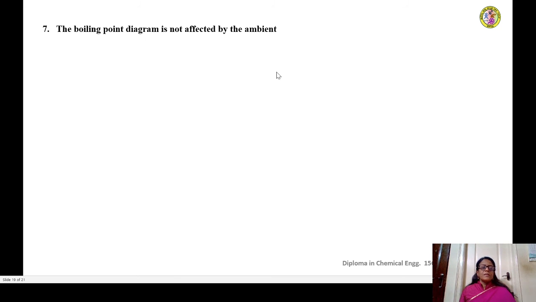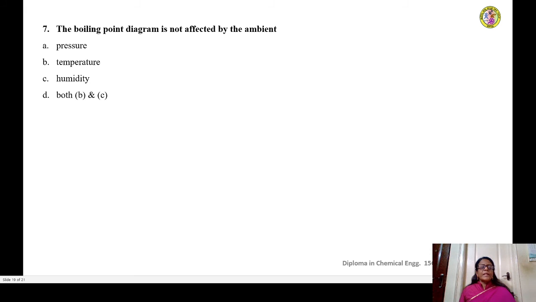The next question. The boiling point diagram is not affected by the ambient pressure, temperature, humidity, both B and C. See, boiling point diagram is nothing but the diagram of constant pressure vapor liquid equilibrium. A constant pressure VLE diagram is called a boiling point diagram because that represents the temperature range over which the given mixture vaporizes.